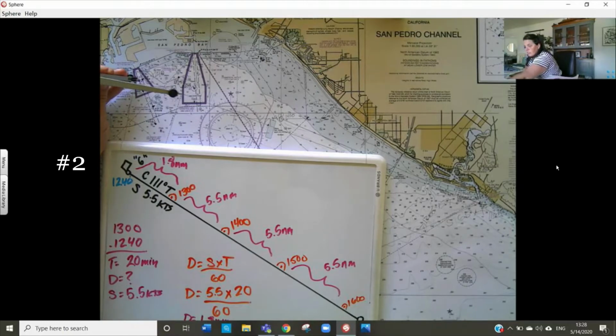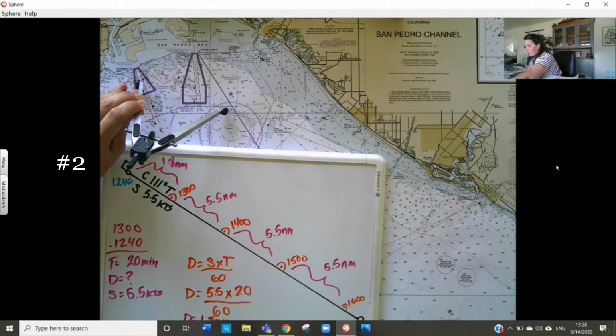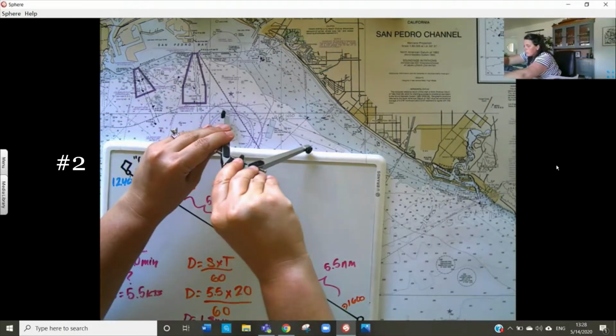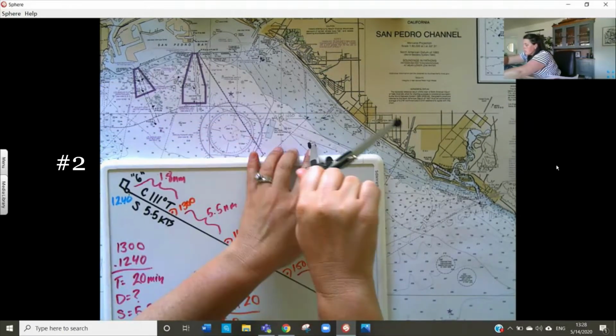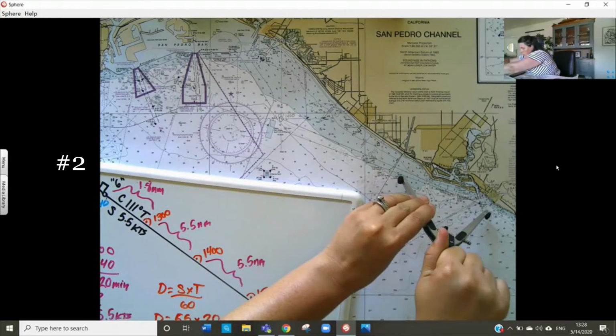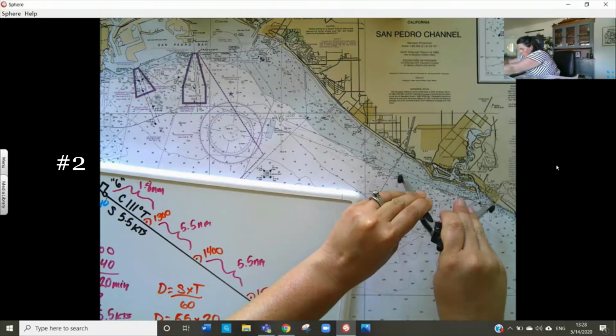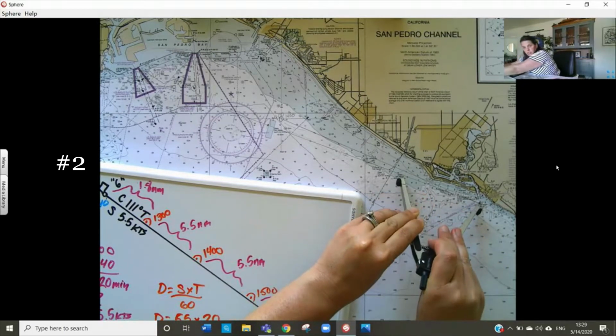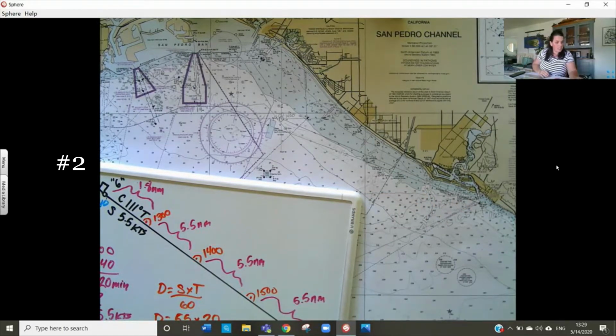So here's my buoy, and we walk on the line. 5, 10, 15, 15 plus, adjust it here, so I have 15 plus 4.2, just shy of 5, so 4.4.